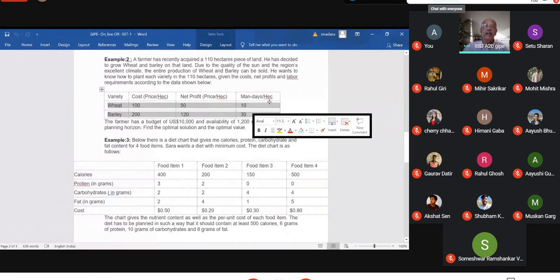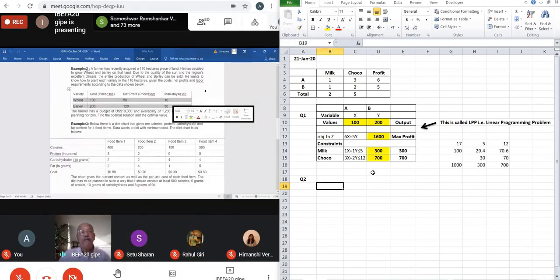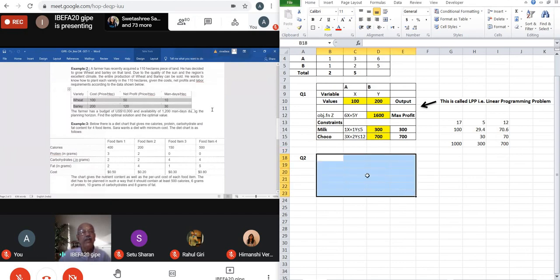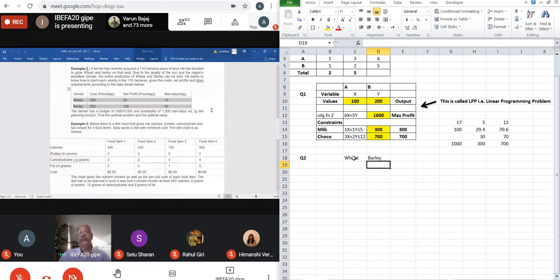Per hectare, days required are 10 days for wheat and 30 days for barley. The farmer has a budget of 10,000 and availability of 1200 man days during the planning horizon. Find the optimal solution and optimal value.